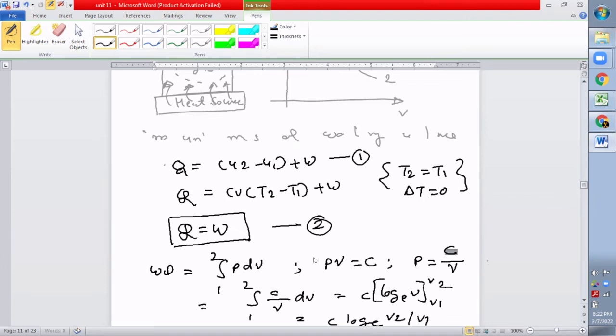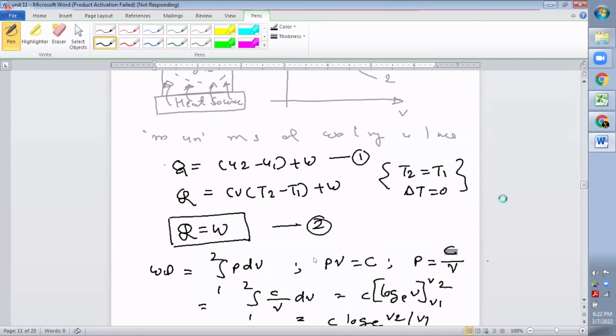Okay, let me save this. Let me change the page. I think this Word document is hanged.